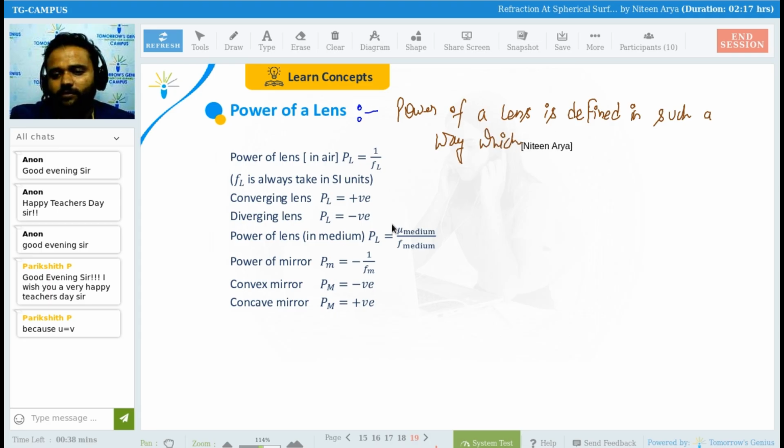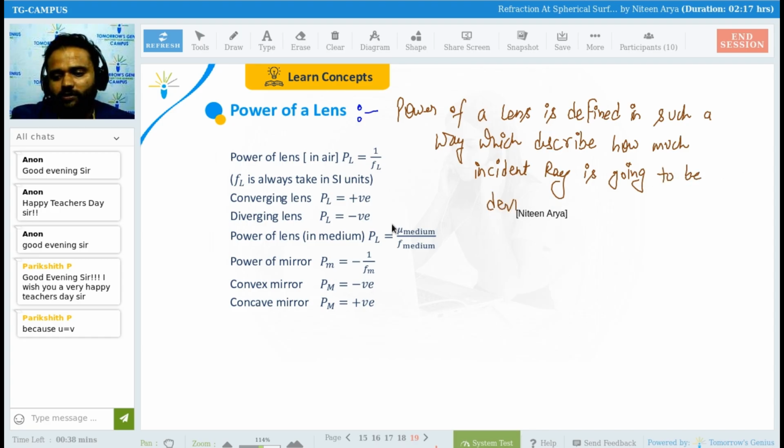which describes how much the incident ray is going to be deviated by the lens.